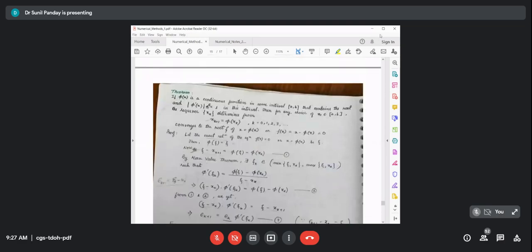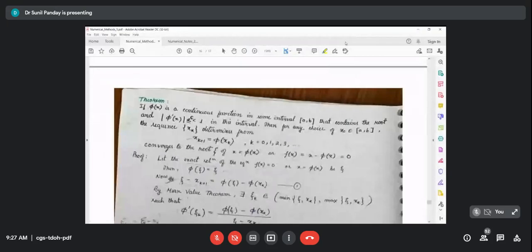Another thing: first we see the theorem related to fixed point iteration, and you should remember the proof and the statement also, because I may ask in the viva what is the statement of the fixed point theorem. So this is the statement.